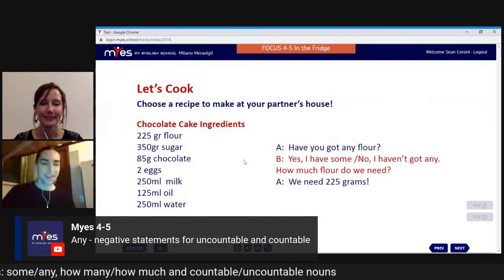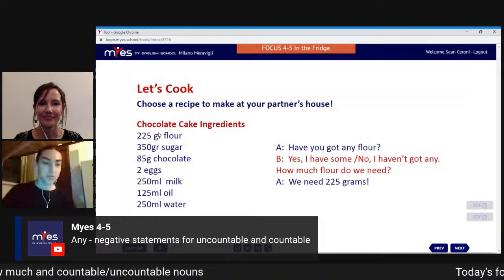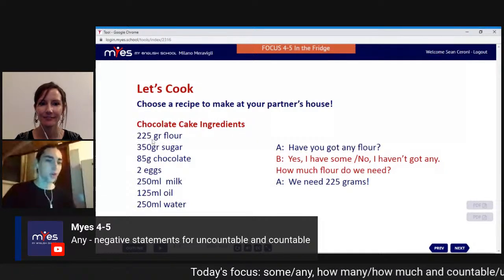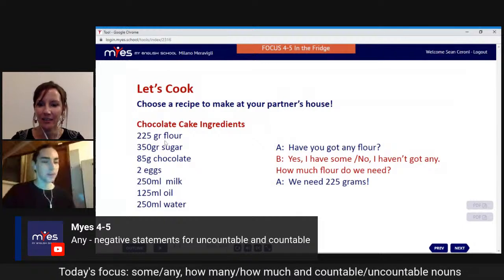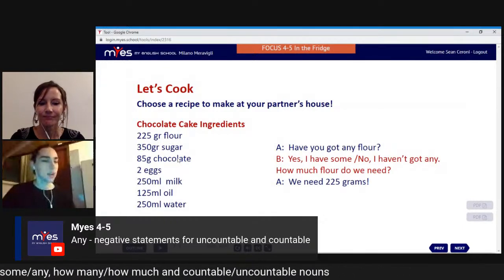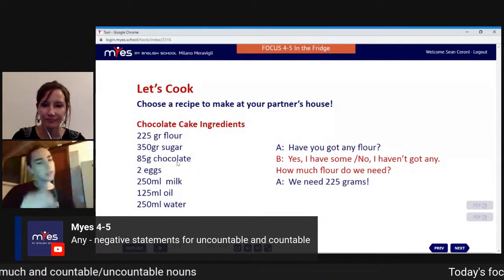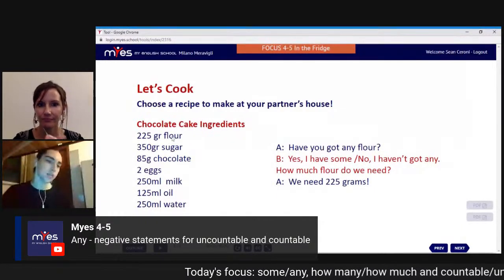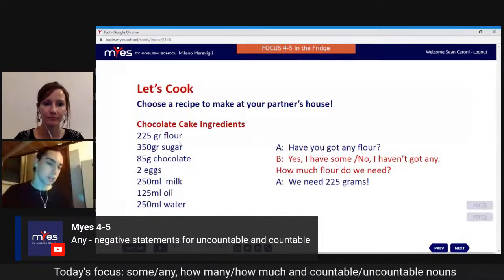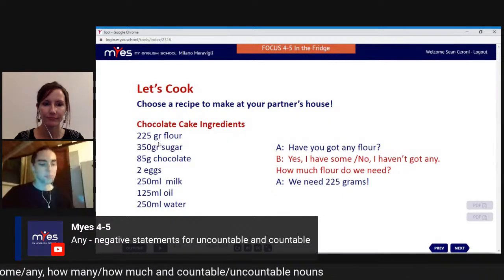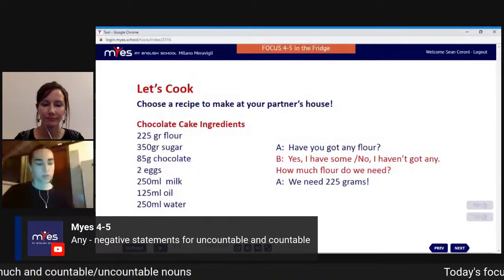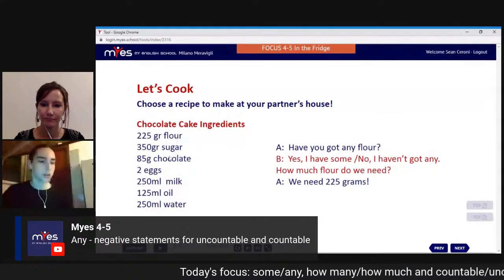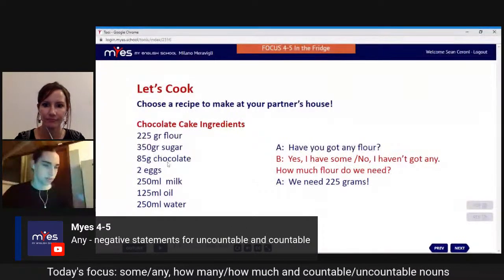Okay, so we have our ingredients here. 225 grams of flour. So this is important. When we're talking about uncountable things like flour, sugar, chocolate, it's the measurement. So you say grams of flour, grams of sugar, grams of chocolate.